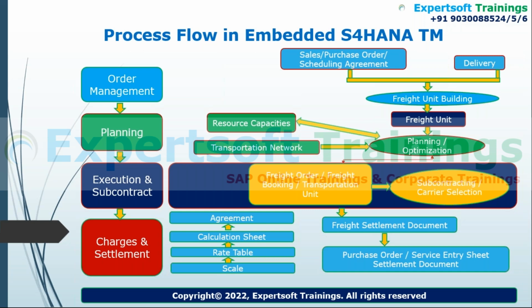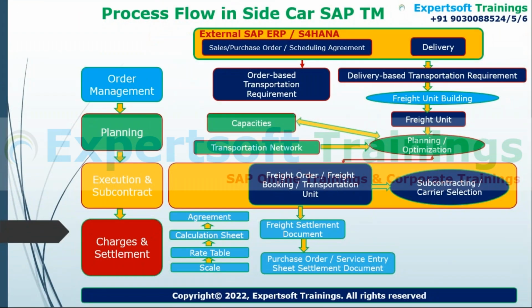Virendra, one question from my side for the side by side. For creating the additional document, do we need to configure more activities in S4, or will the system automatically create it without any configuration? Can you tell me again which one you're saying? In the side by side scenario, just go to the next slide, please. There are additional documents getting created like OTR and DTR. For the creation of OTR and DTR, do we need to maintain some more configuration in the S4 system?